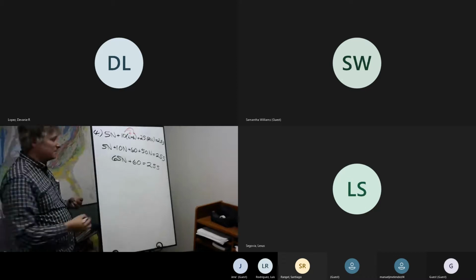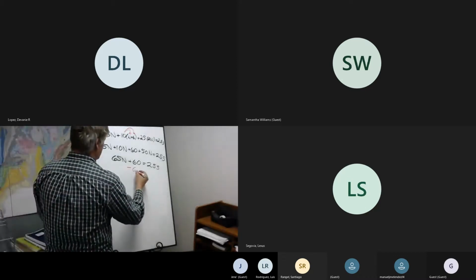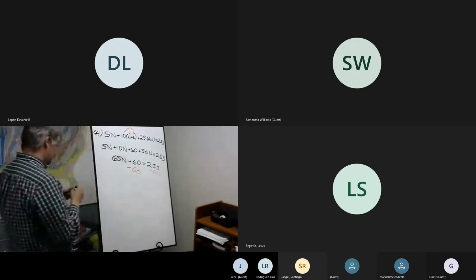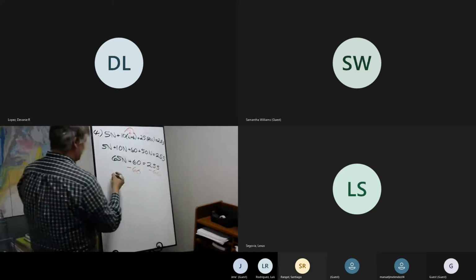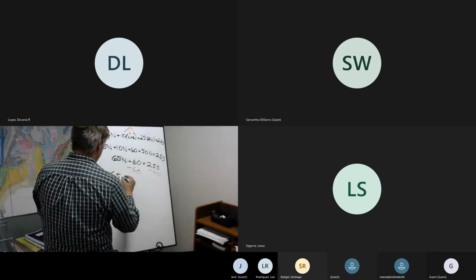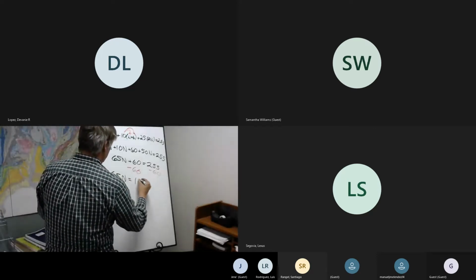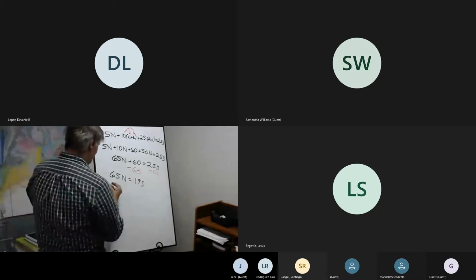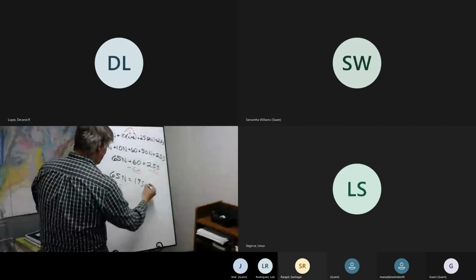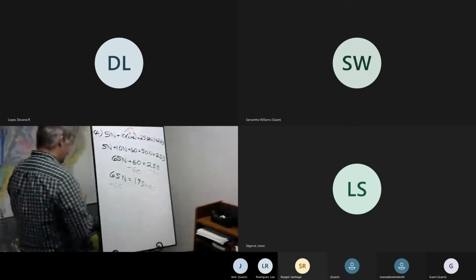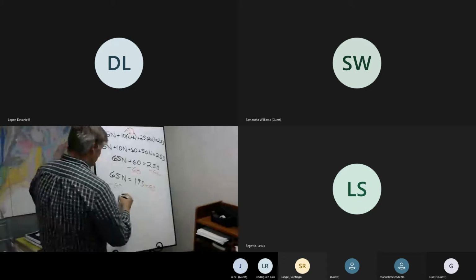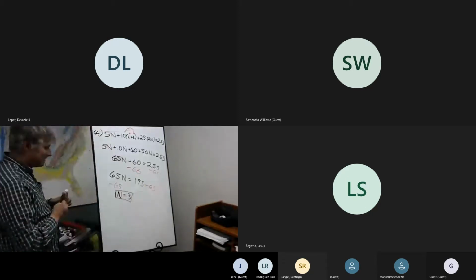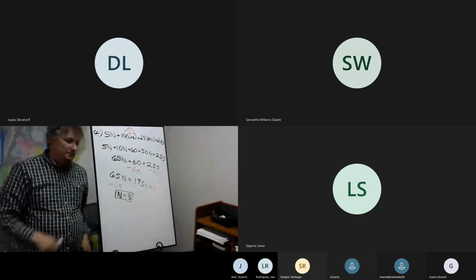We can subtract 60 from both sides. Divide by 65. We'll get n is equal to 30. So that's going to be the number of nickels.